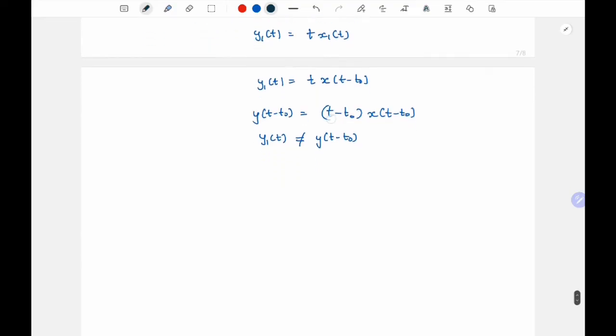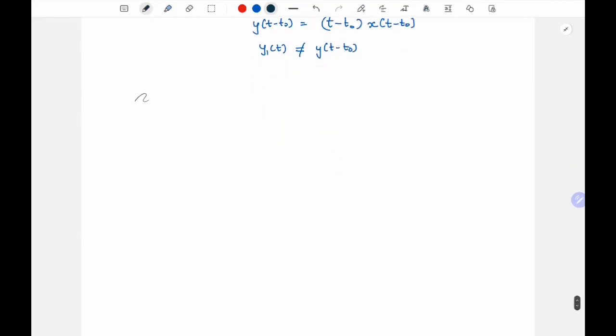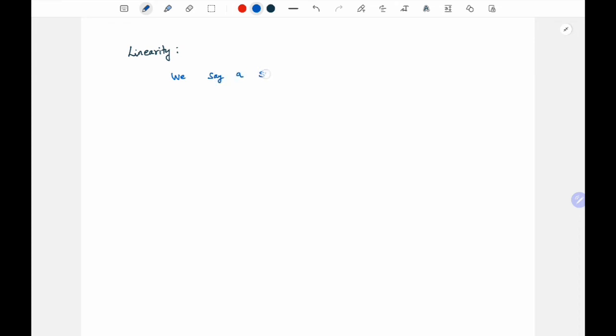Okay. So next we'll see the last property, which is linearity. When do we say a system is linear? We say a system is linear if it satisfies two properties.